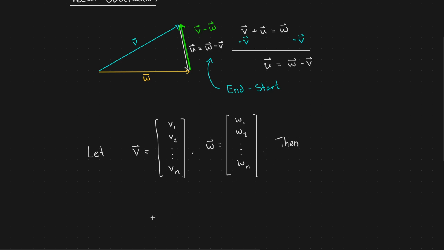Then, if I want to subtract two vectors, w minus v, I just subtract their corresponding components. So first component of the first vector here minus the first component of the second vector. So w1 minus v1, second component would be w2 minus v2, and so on.